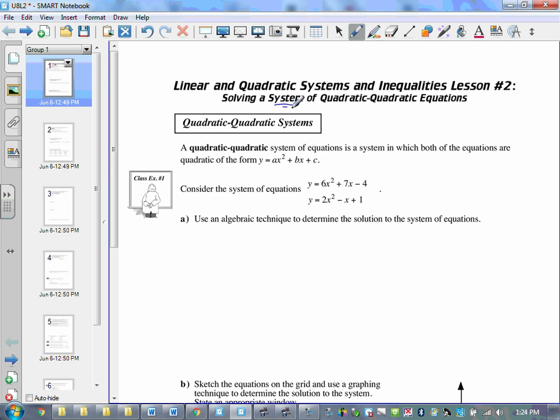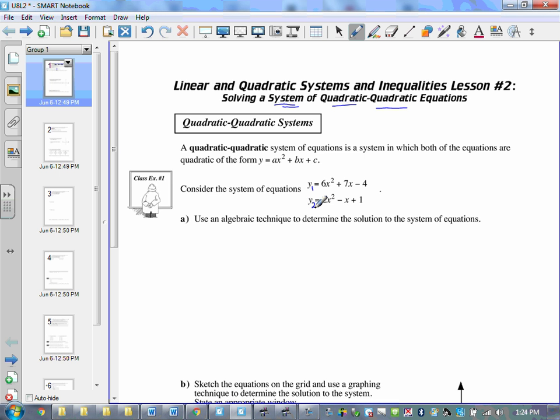So we are looking at solving a system of quadratic equations. Our work, 2 of them are curvy, but our work is the same. We can solve them graphically: we can do a y1 and a y2 and find out where they hit each other.